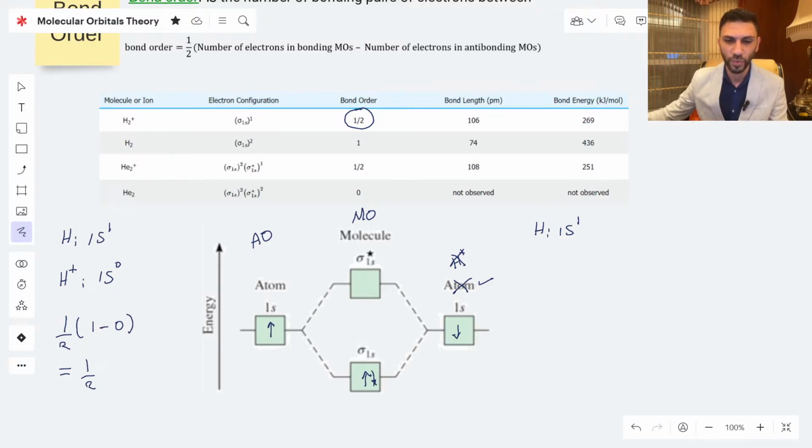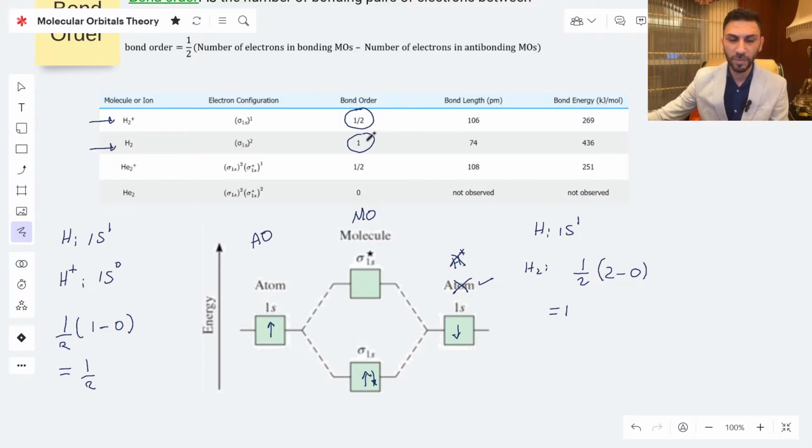So basically we have 2 electrons here. The bond order for H2 is going to be half multiplied by 2 electrons minus 0 electrons in the sigma star 1s, which equals 1.